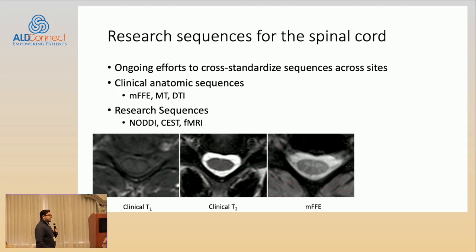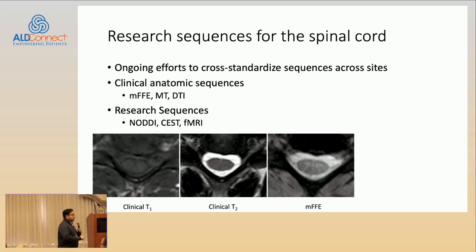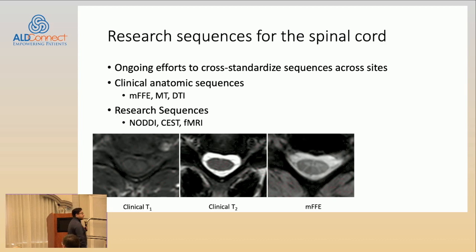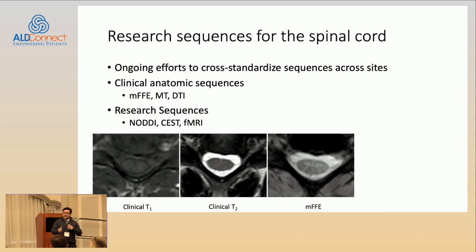There are similar sequences across the board for Philips, GE, and Siemens with different names, MERGE and MEDIC, and this is readily applied. So what we're doing now as this effort is to cross-standardize. So we take a sample subject, that's myself, and scan in all of these scanners. I go in and see if we can replicate these images.